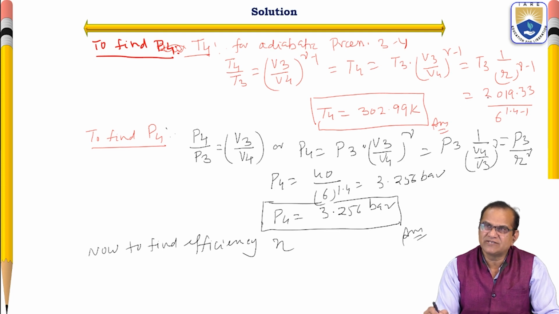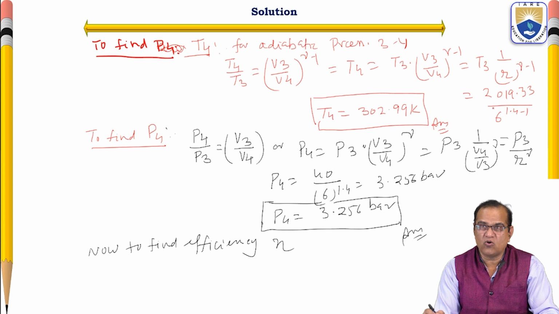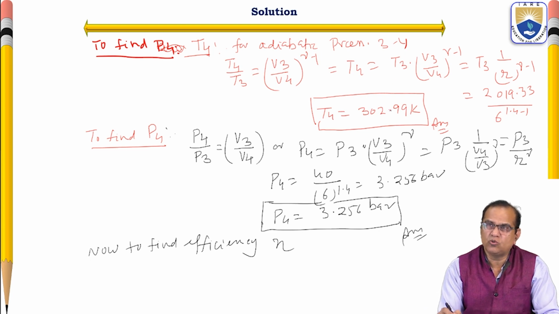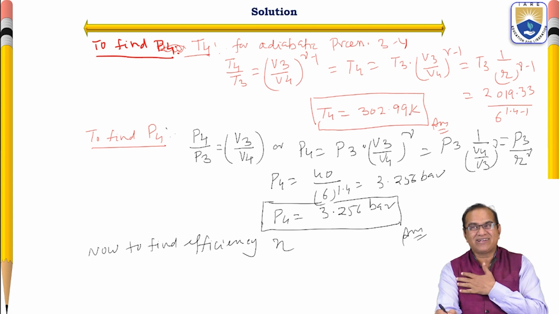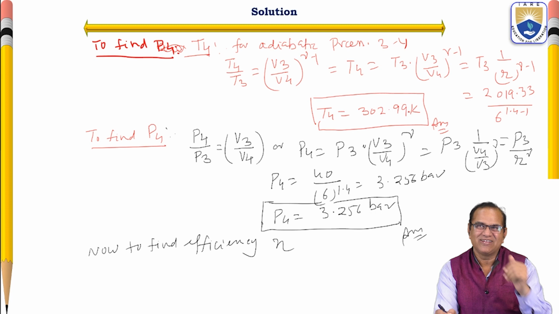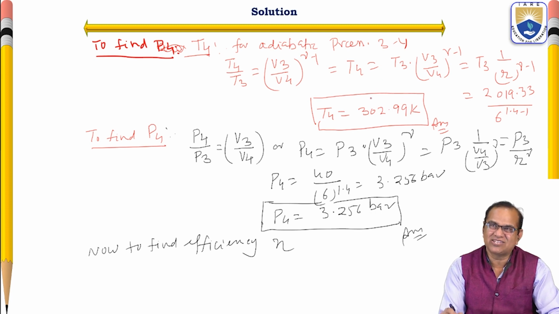So here you will get the temperature at 4, 302.99 Kelvin. In fact, this is the same temperature we started with, that is 303, meaning T1 and T4 are almost the same.